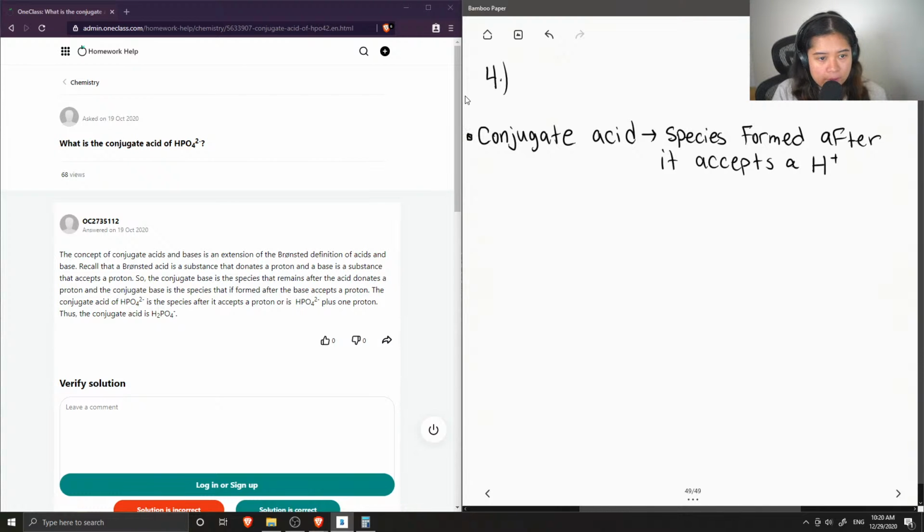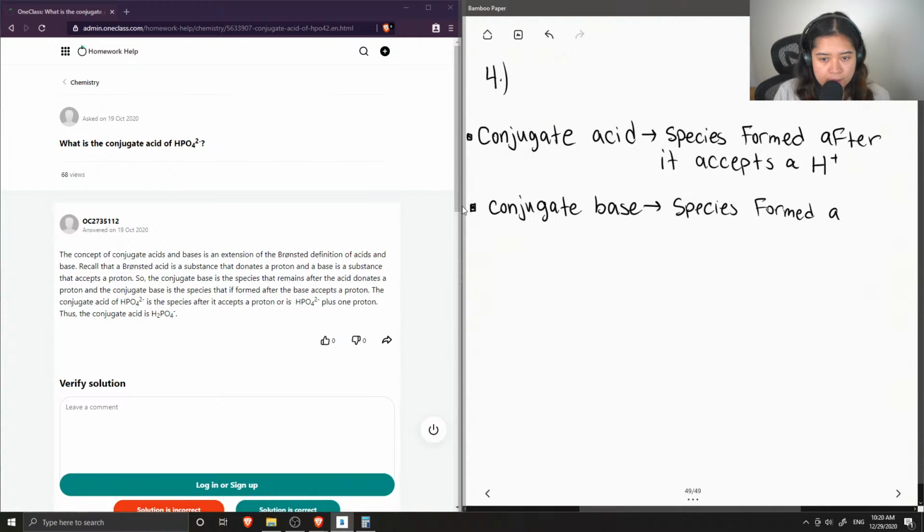And we can also write the definition of conjugate base. As you can guess, it is the species formed after it donates a proton.